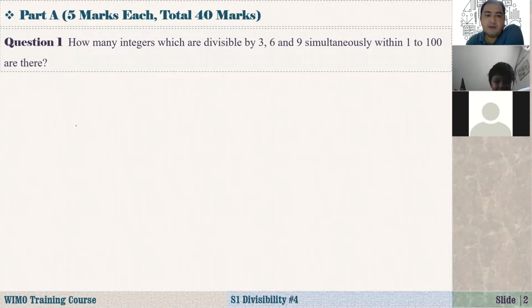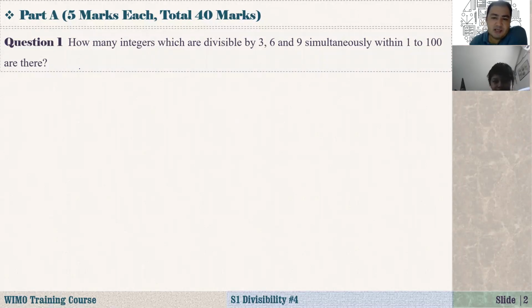So to find these integers, we are looking for integers which are divisible by 3 and 6 and 9 simultaneously. To find this, we first need to find the least common multiple of these numbers, 3, 6, 9. And you know how to find this.